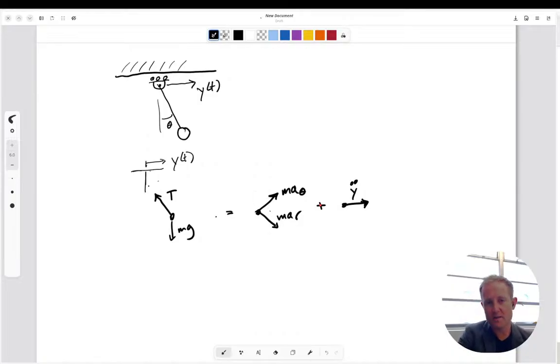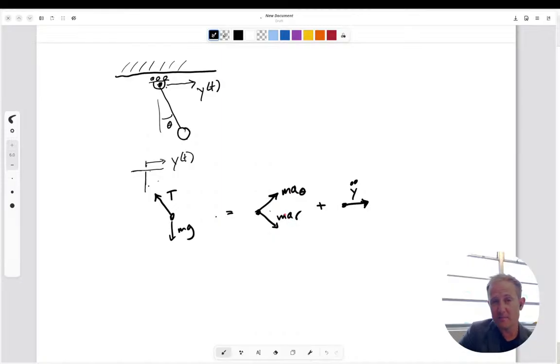But already just in this case, we still have kind of a 1 degree of freedom problem. Like we have 2 things moving, both the base and the object, but only the object is free to move. The base, we're going to say, is some fixed motion. So it gets pretty complicated right off the bat because y is not in line with either m a theta or m a r.